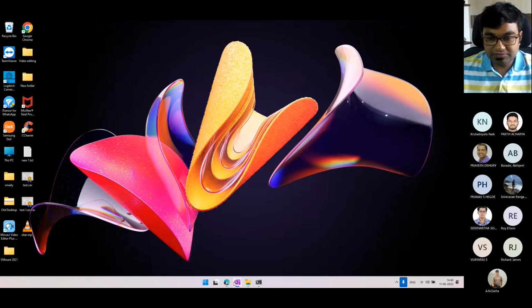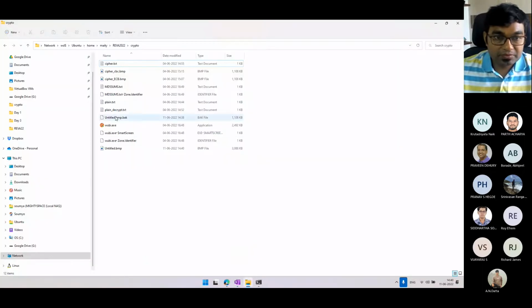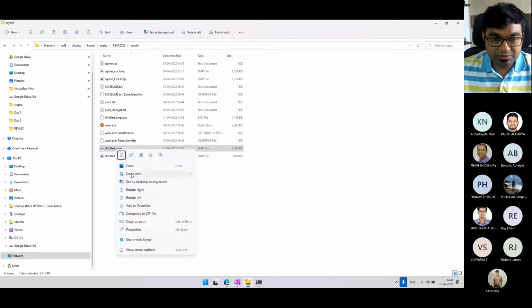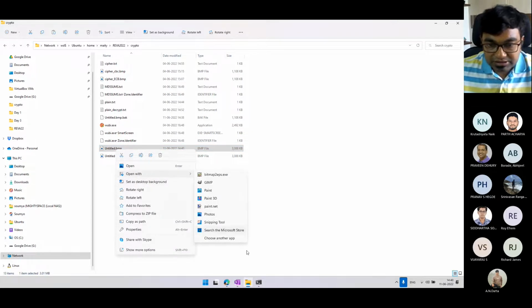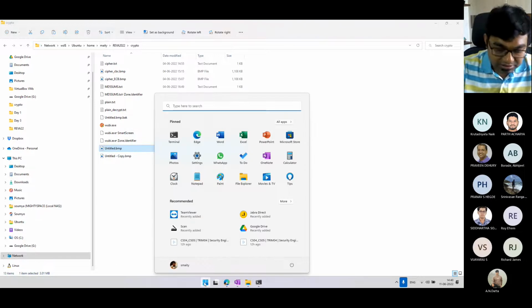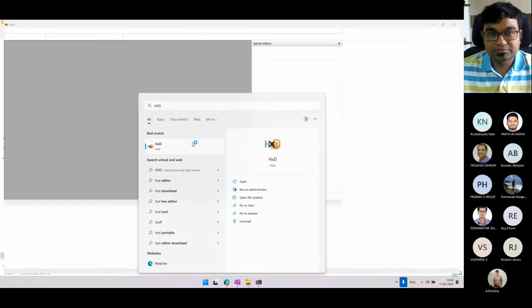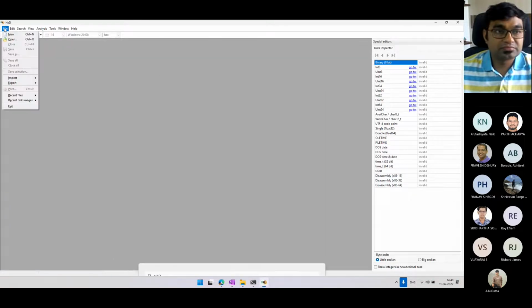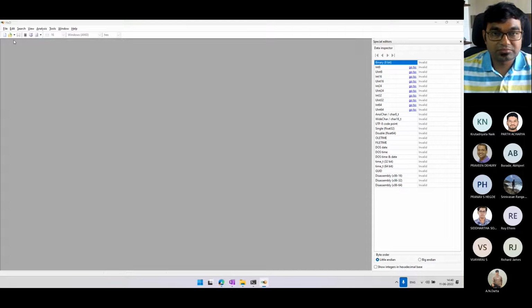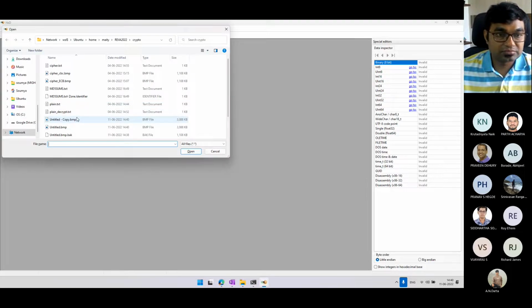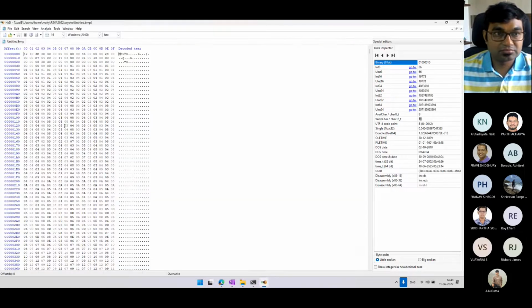Now let us open this file. I am simply opening it with HxD.